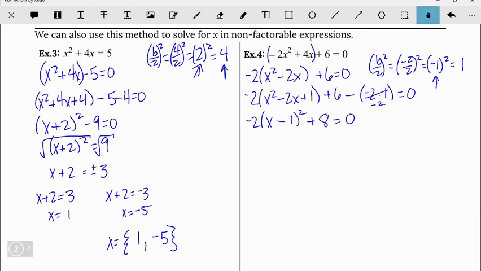Okay, then we're in the same boat as we were before. We need to isolate that (x - 1) squared. So first thing I would do is subtract an 8 from both sides. And then I would divide both sides by -2. That will give us (x - 1) squared equals 4.